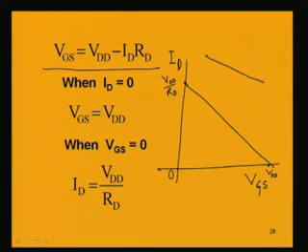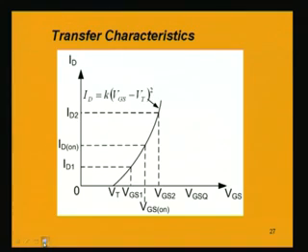So, we get from this equivalent circuit a straight line, which is like your load line when we are discussing the transistor or BJT amplifier. Now, our aim is to locate the operating point Q. So, how can we find the Q point? We will be finding the Q point by drawing the transfer characteristic and fixing the ID VGS line on it.